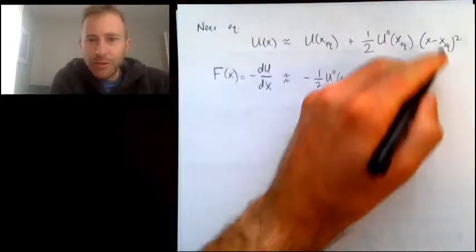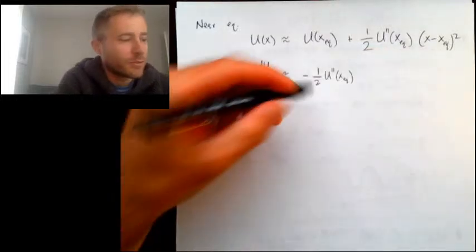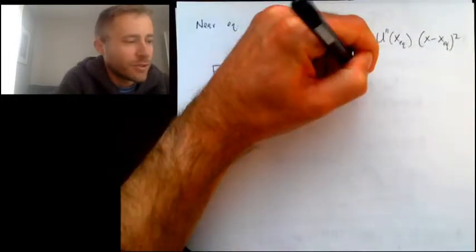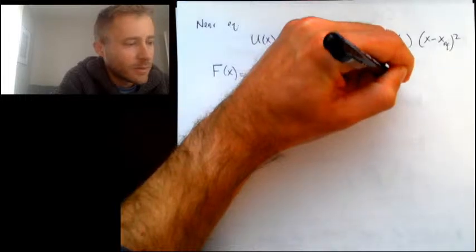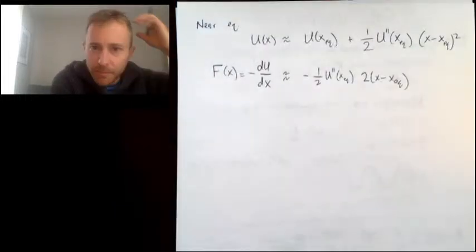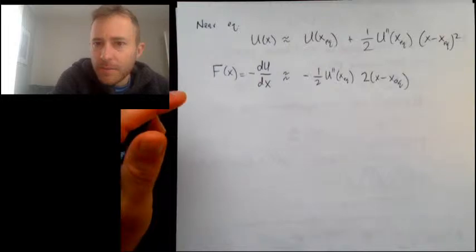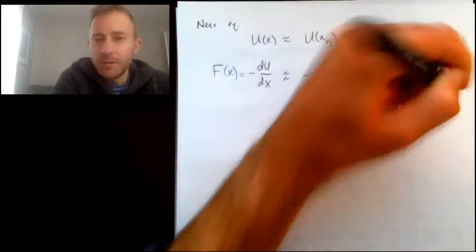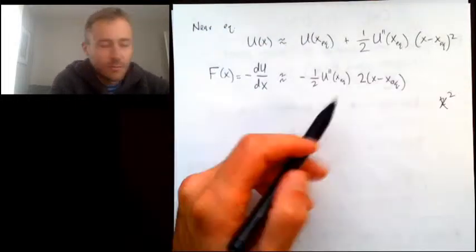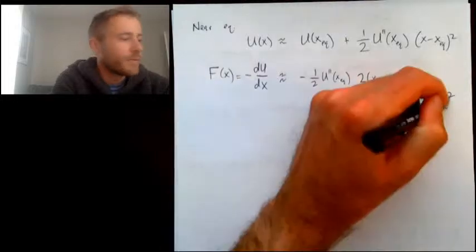And then I take the derivative of x minus x equilibrium squared. That's going to be 2 times x minus x at equilibrium, just like taking the derivative of x squared. The derivative of x squared is 2x, so it brings down a factor of 2.